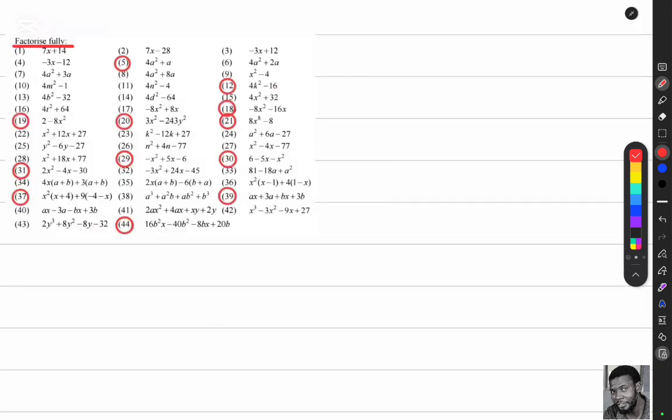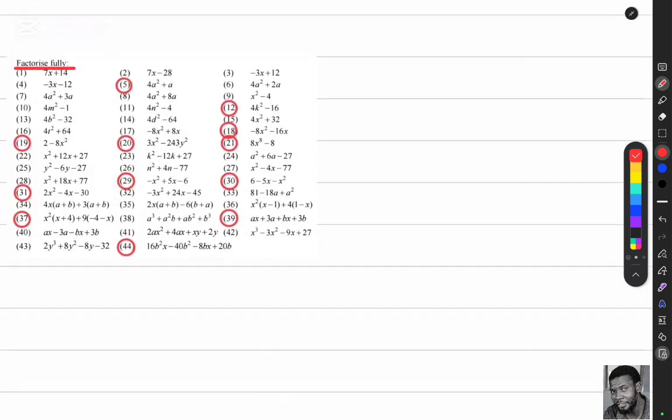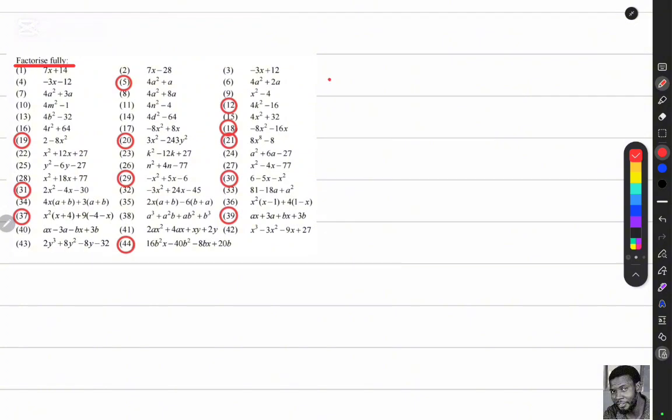Okay, looking at number 30, which is 6 minus 5x minus x squared. So this will be the same as, you need to rewrite it first, minus x squared minus 5x plus 6.